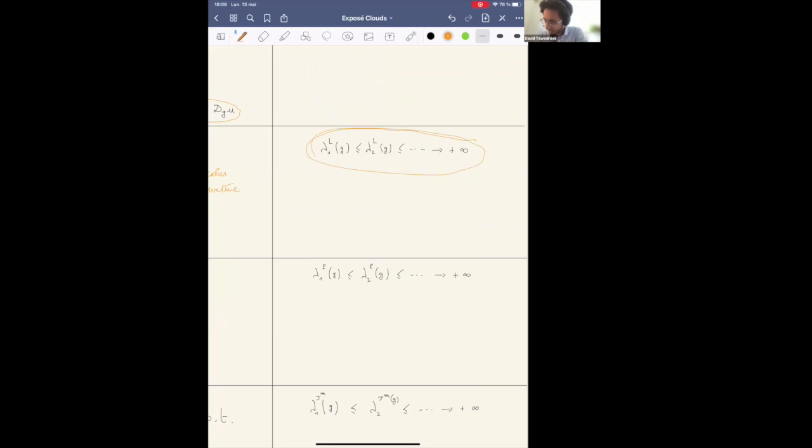And contrary to the two previous cases, these eigenvalues may be negative.